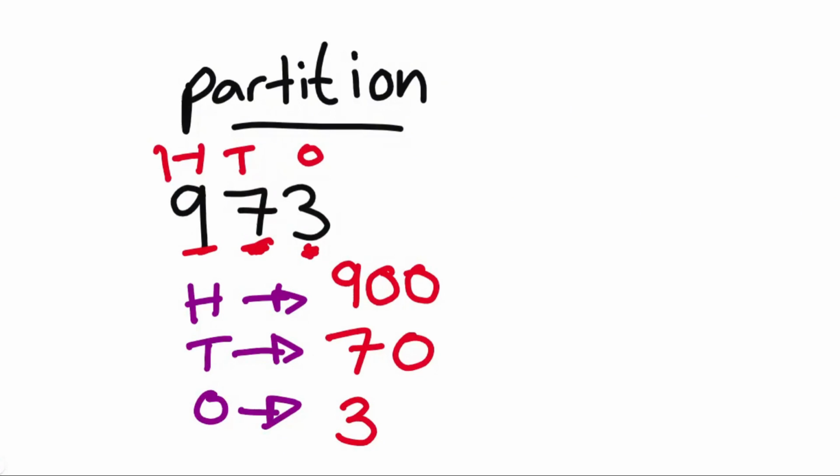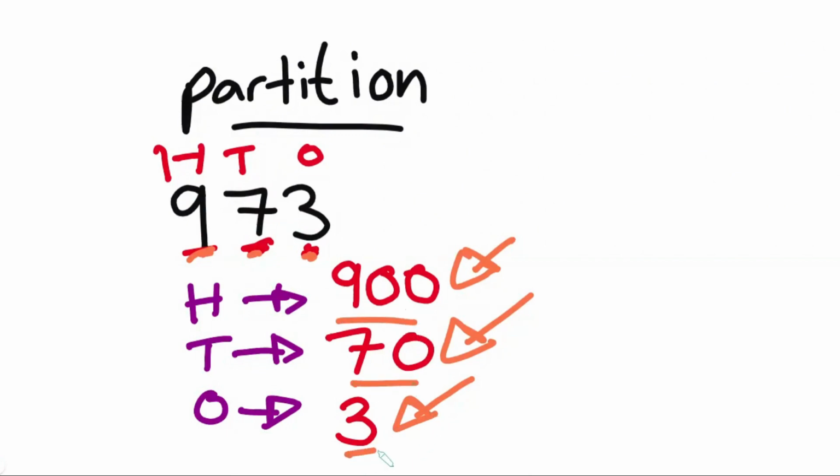So we know that the number 973 is made up of 900s, 7 tens, which makes 70, and 3. 973. Absolutely fantastic. Now remember, the word partition simply means to break up those numbers.